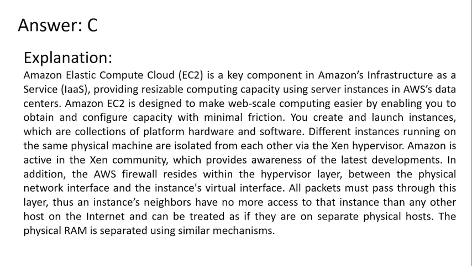All packets must pass through this layer, thus the instance's neighbors have no more access to that instance than any other host on the internet and can be treated as if they are on separate physical hosts. The physical RAM is separated using similar mechanisms. So among all of the explanation, you can find the answer is C.